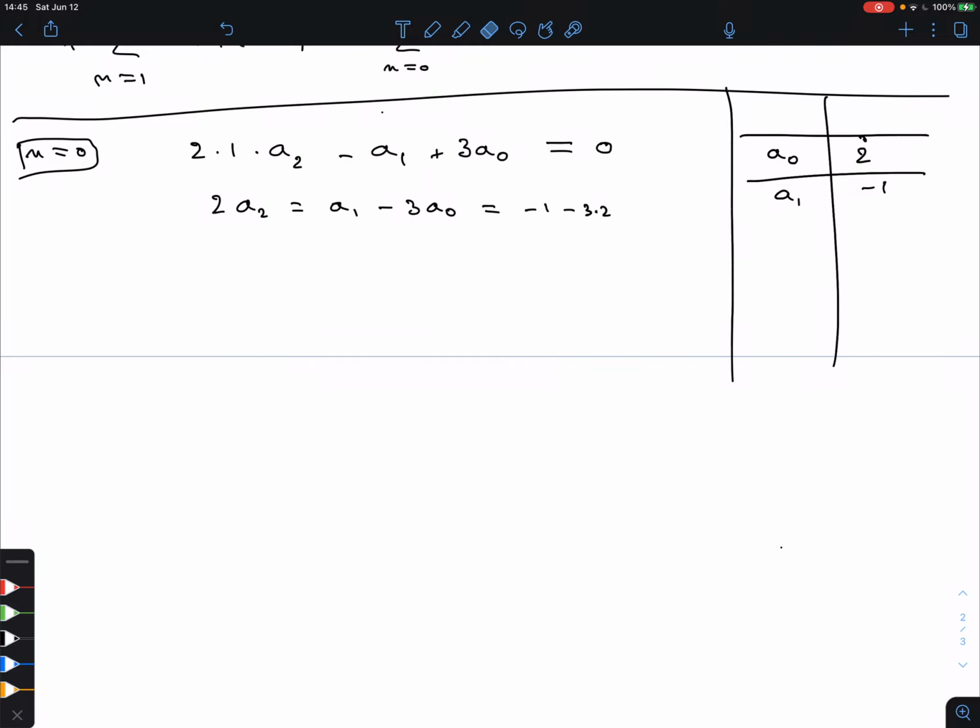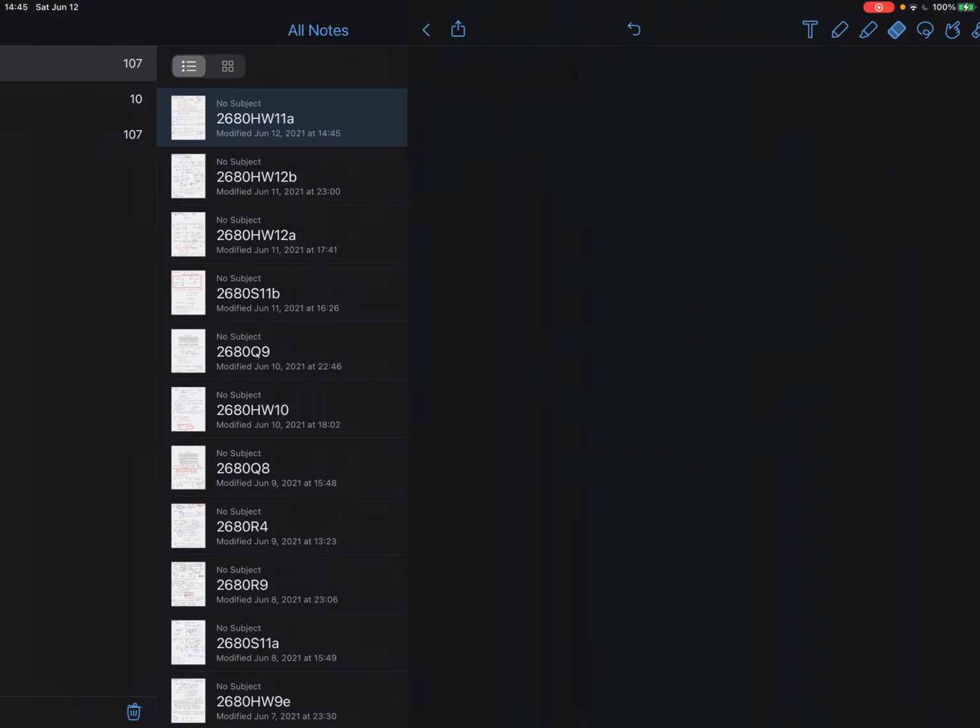So we see that a2 is more. It gets worse and worse, this thing. Okay, let me get out of this and get into it again, because that sometimes makes the thing better.